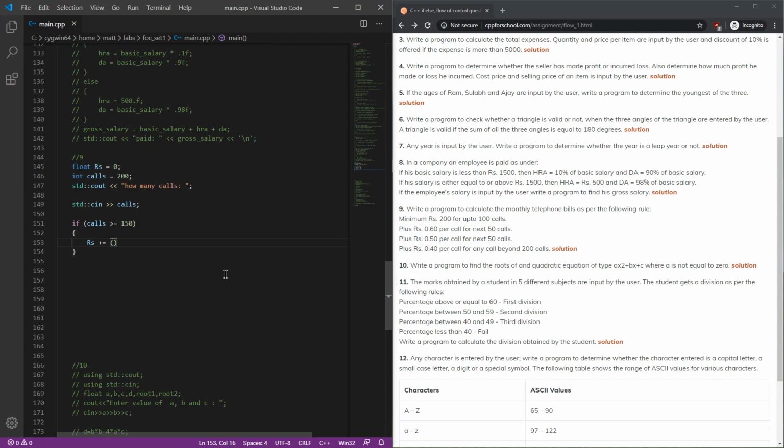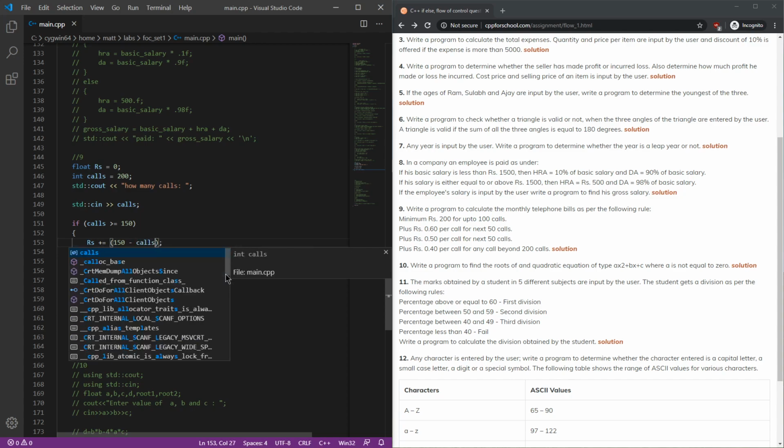And the amount we're going to add here, the plus equals just adds to RS here and sets it equal to whatever we are adding to it. I'm going to put it all in parentheses here, whatever we're adding to it. So it would basically be 150 minus the number of calls.